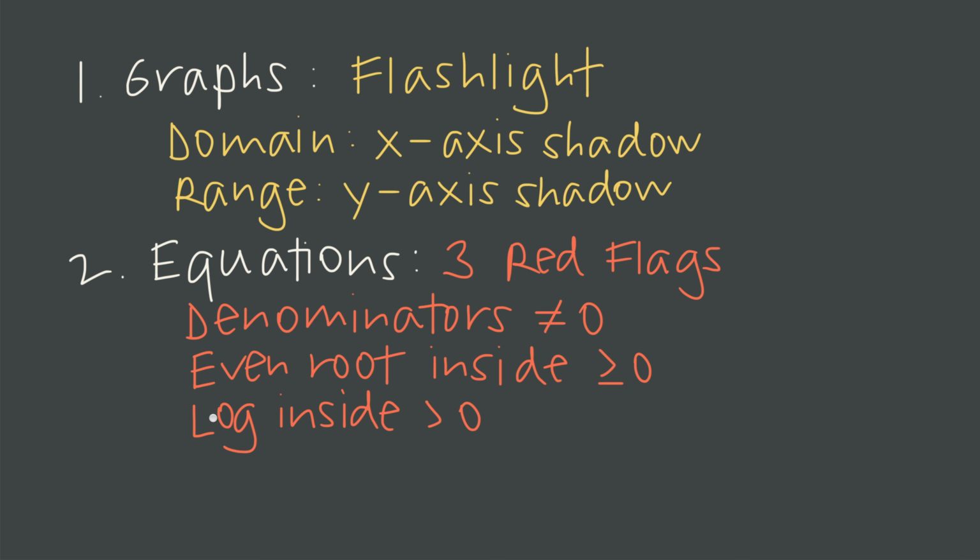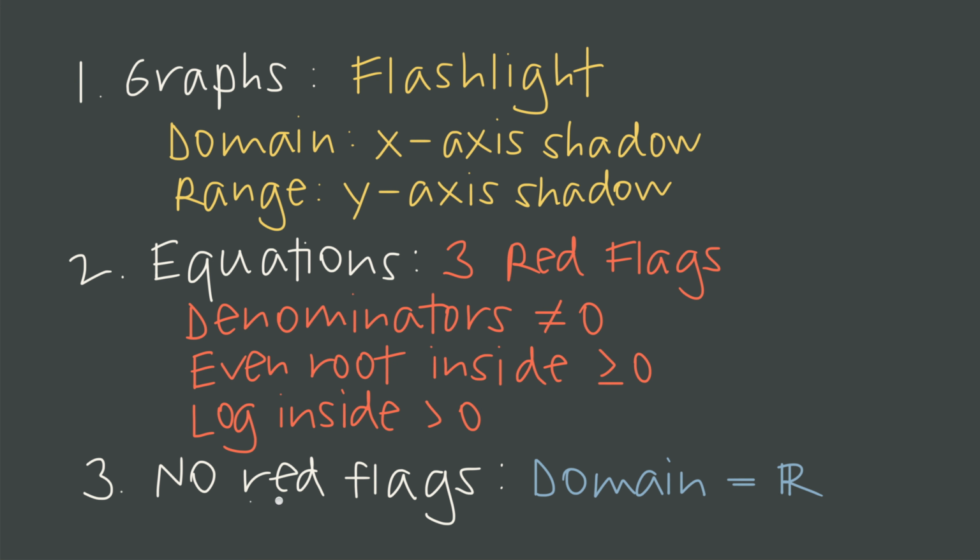And the inside of a log function, the argument of the log function, has to be strictly positive. It can't be equal to 0. It can't be negative. So the argument of the log has to be positive. And if a function doesn't have any values that violate one of these 3 red flags, if there are no red flags, then that automatically means that the domain is all real numbers, which we write this way, or negative infinity to positive infinity.